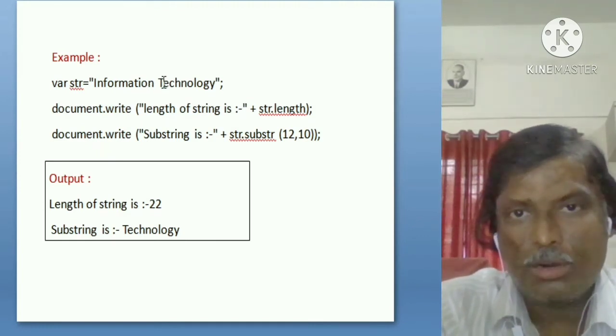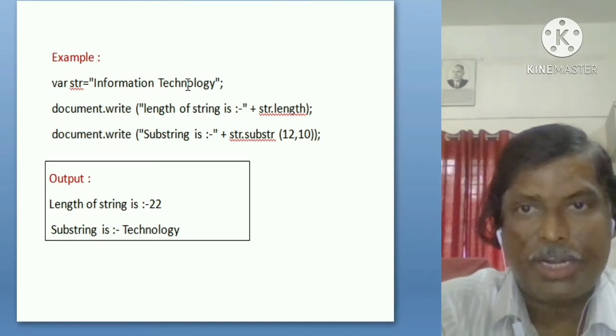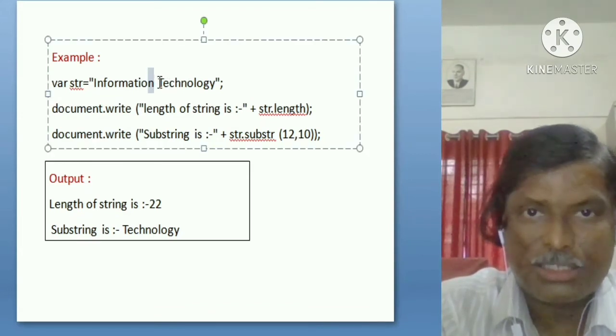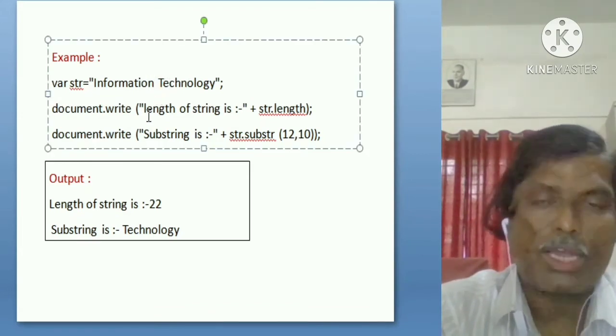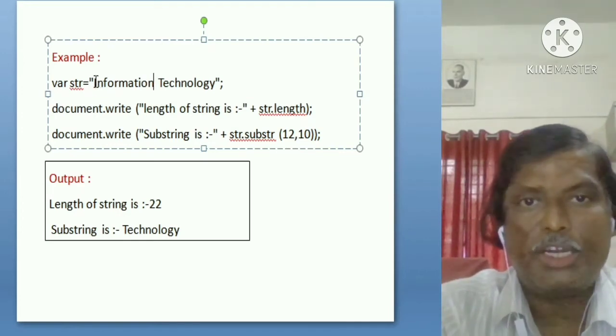Then there are 10. 11 plus 10 is 21, and this blank space is one more character. So there are a total of 22 characters in this str variable.